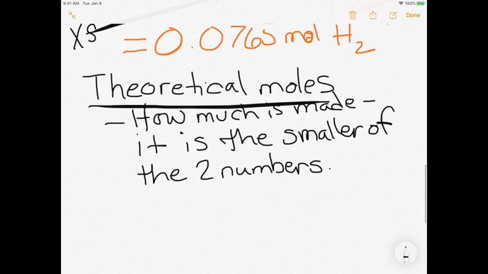And then as a refresher for the other terms, so we have limiting reactant.